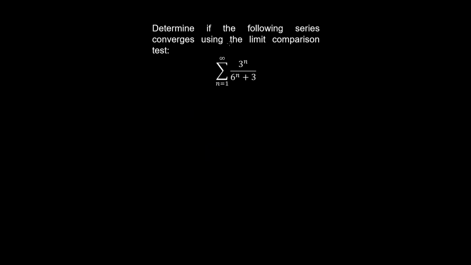Let's check if this series converges by the limit comparison test. Well, for a large n, this term dominates in the denominator, so we may compare against the following series. So that will be 3 on 6 to the power of n, or 1/2 to the n. And now we take the limit as n approaches infinity of the ratio of both terms in those series.